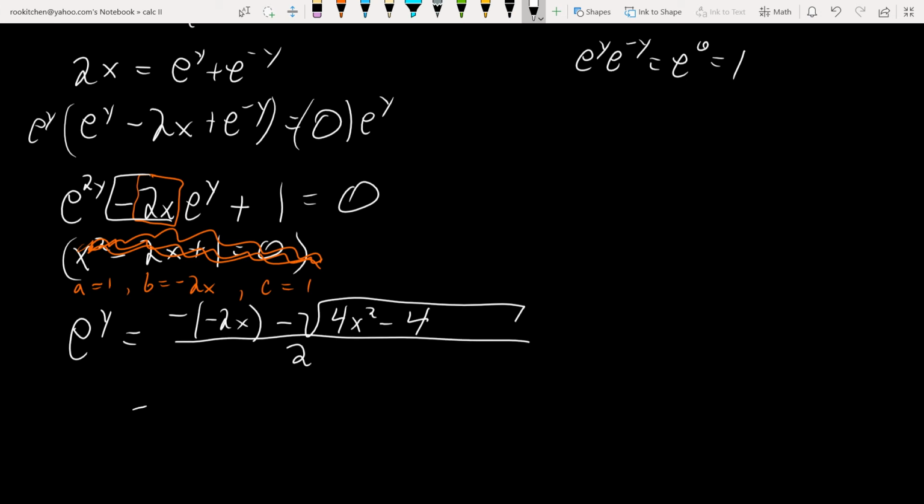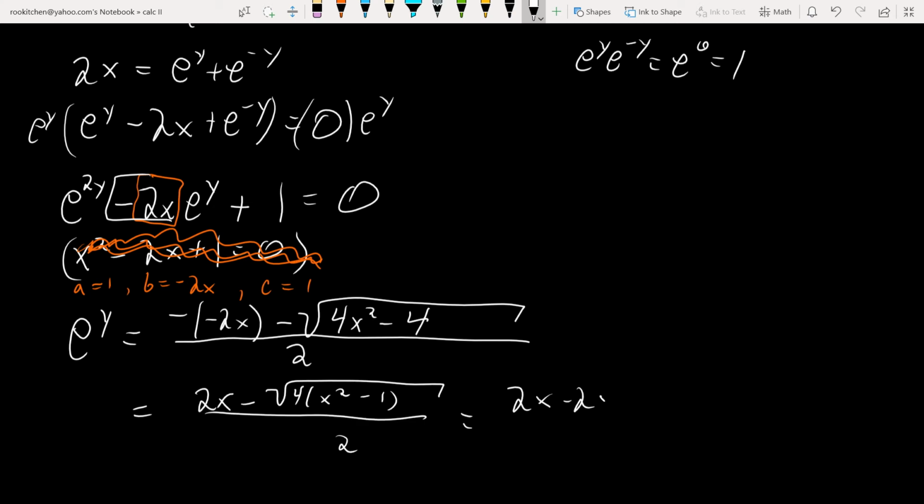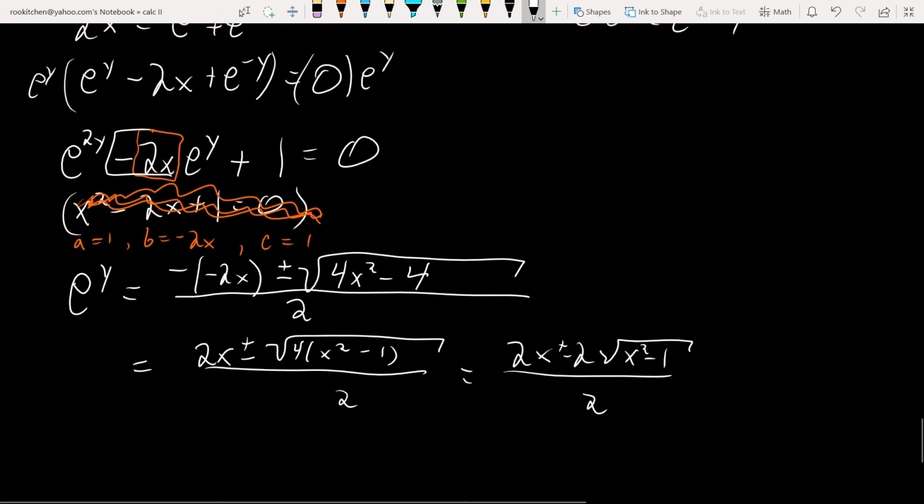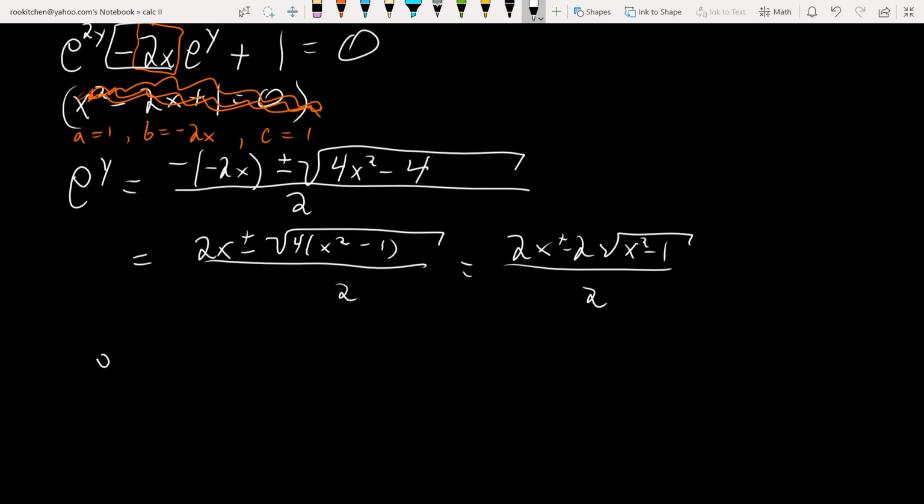Okay, so this will equal 2x minus, and we can factor out this 4, 2, and then this will be 2x minus 2 square root, and it's plus or minus, right? x squared minus 1 all over 2, and then we could butterfly it, and you end up with e to the y equals x plus or minus the square root of x squared minus 1.